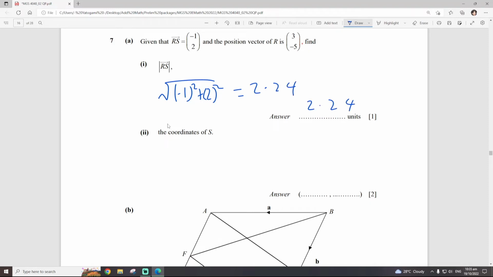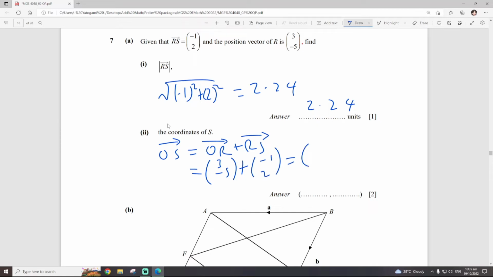And find the coordinates of S. So OS is actually OR plus RS. OR is given, position vector means OR, so 3 minus 5 plus RS, which is -1 and 2. No, sorry, 2 and -3. Okay, so we write this in coordinates form, 2 and -3.